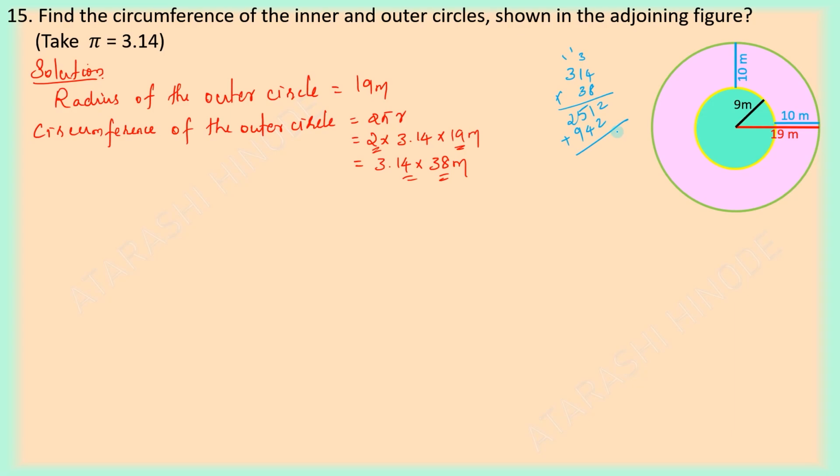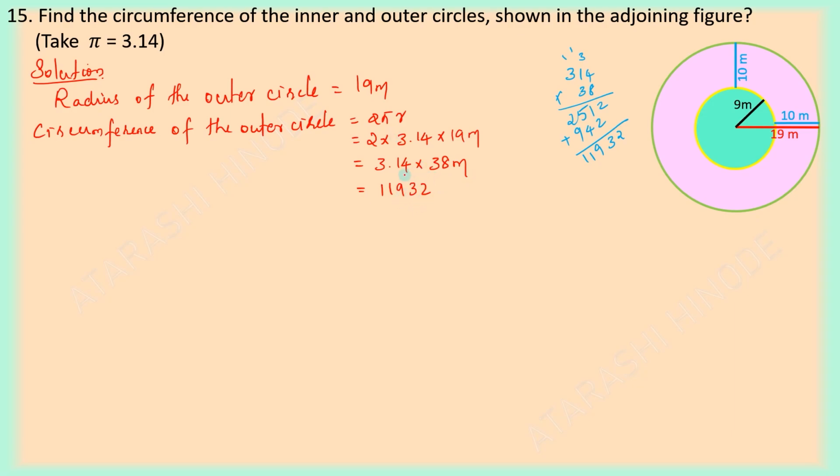Adding 2. 2 plus 1 is 3. 4 plus 5 is 9. 9 plus 2 is 11. That is equal to 11932.